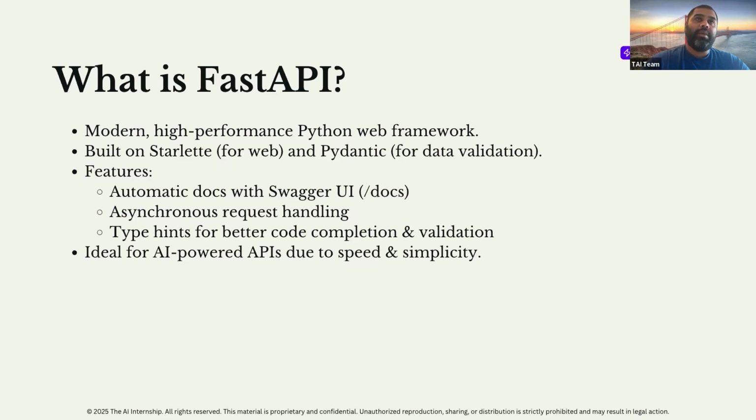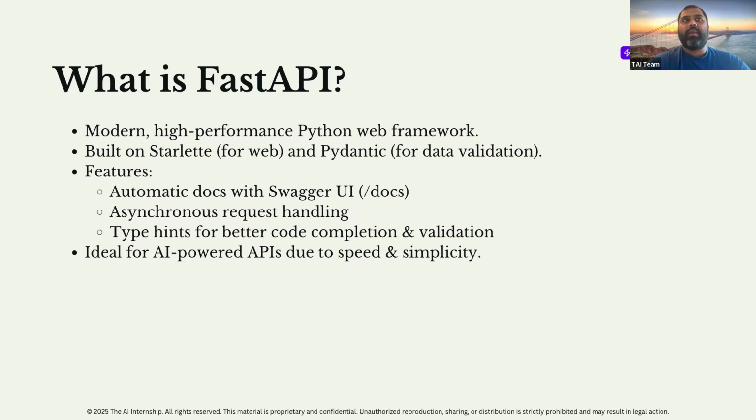It's built on Starlette, so it's dedicated for the web, and it also has Pydantic built in. Pydantic is another library that's used mostly in data validation, for example, to enforce that a data object has specific fields and specific data types. This is commonly used, for example, with SQL calls to check if the data is coming in properly, and also with APIs.